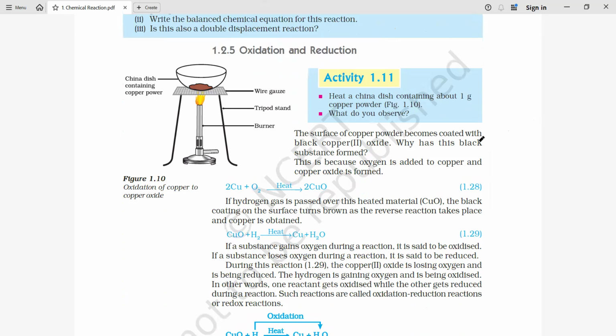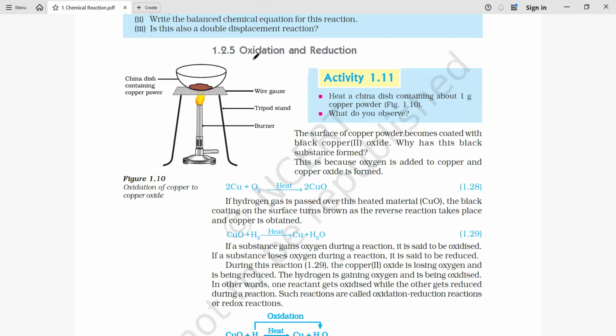Apart from the reactions we have seen, what are the various types we have seen? क्या क्या देखा? Combination, next decomposition, next displacement, that is single displacement, next double displacement. Okay, any doubt is there? Any doubts you can write in the comment box.